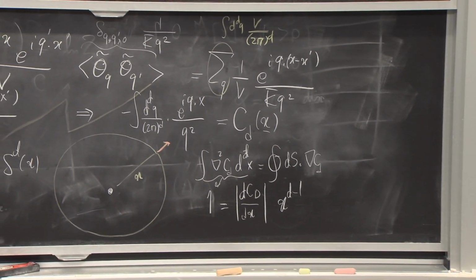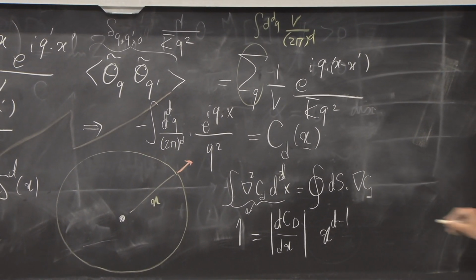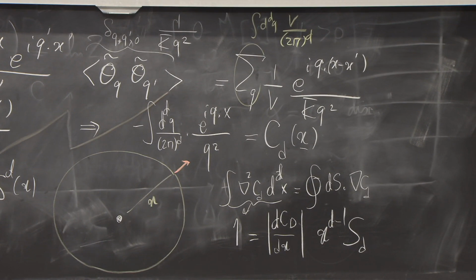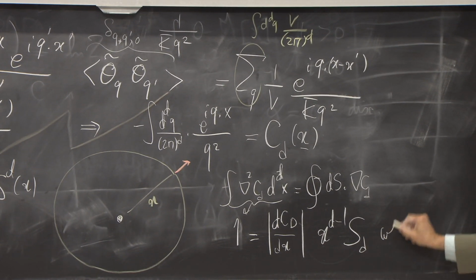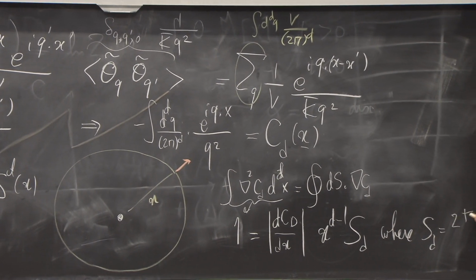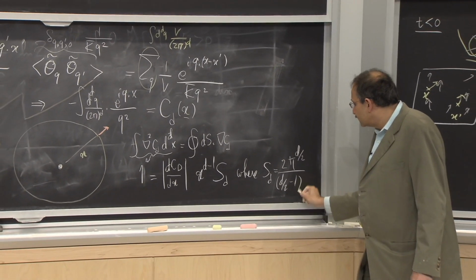And then there is a factor such as 2 pi, 4 pi, etc., which is the solid angle that you would have to put in d dimensions. And to remind you, the solid angle in d dimensions is 2 pi to the d over 2, over (d over 2 minus 1) factorial.